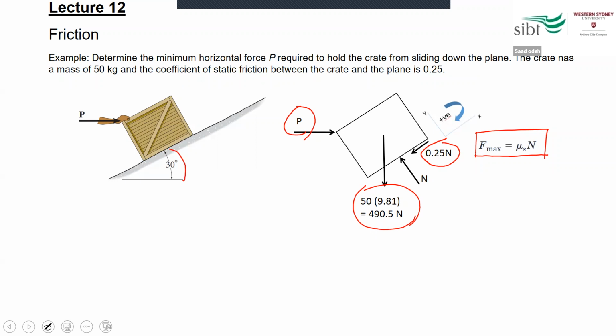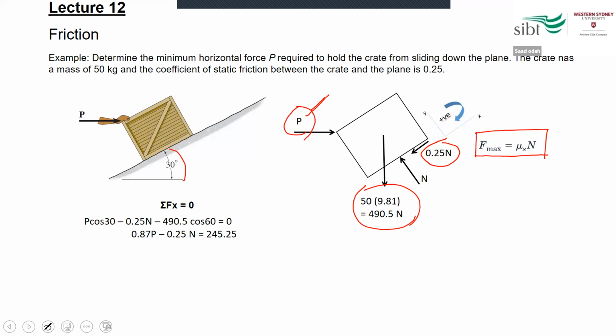We can find N by using the angle here. So we know the angle, and we can simply perform the force balance in the x-axis, because the P force is along the x-axis. So we can say summation of Fx equals 0. We need to find all the forces in the x-axis.